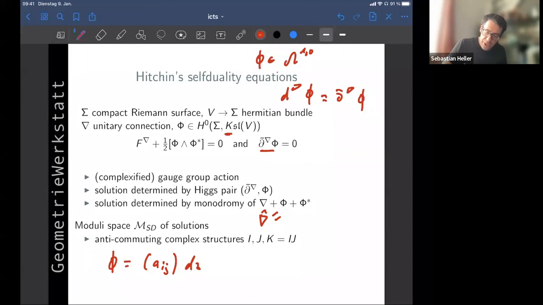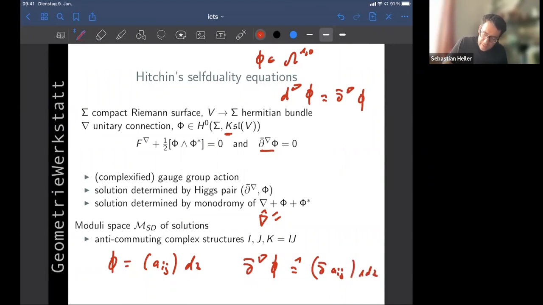Then the equation del bar nabla phi is locally equivalent to just the ordinary del bar, the 0-1 part of the derivative of these functions a_ij, wedge dz.